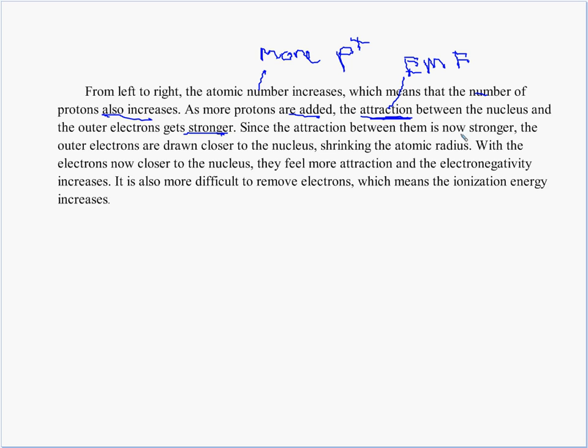Since the attraction between them is now stronger, the outer electrons are drawn in. Makes sense. They're pulling them closer, shrinking the atomic radius. So the atomic radius actually decreases. With the electrons now closer, they feel more attraction. The electronegativity increases. It's also more difficult to remove, which means the ionization energy increases.